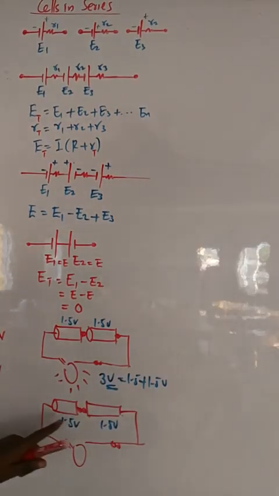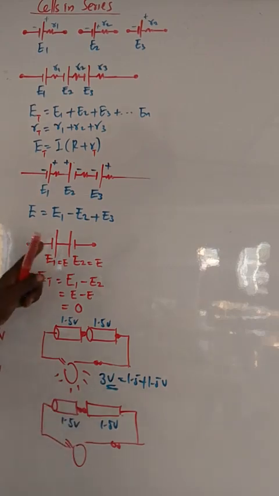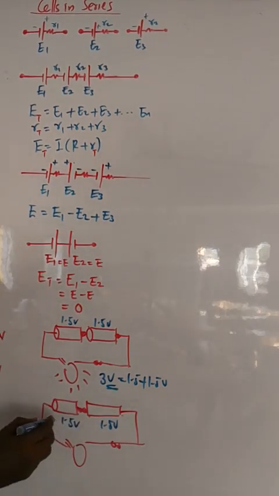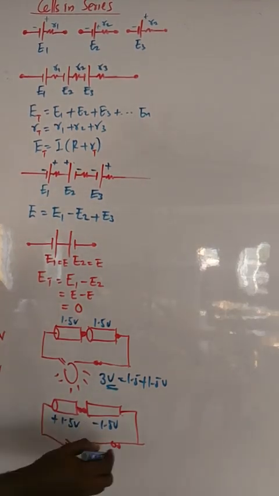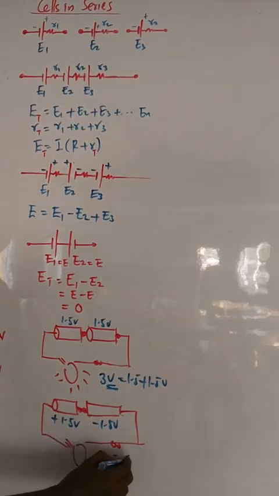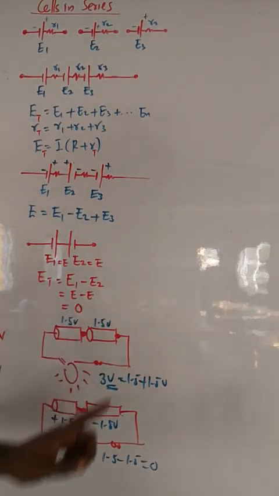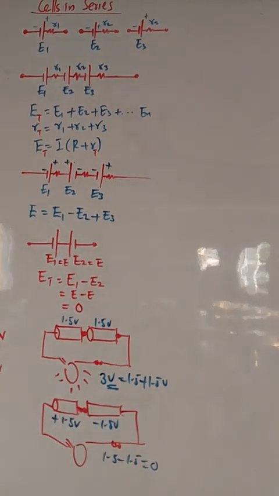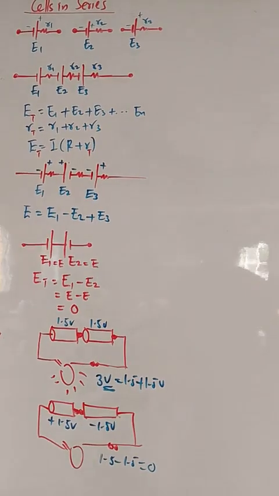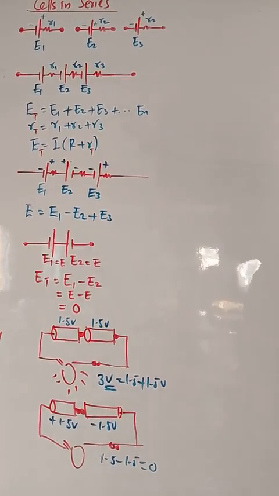Why? If you take this one to be positive, minus plus is positive, then this has to be negative. So by the time you combine it, 1.5 minus 1.5, that will be 0. So when you're connecting batteries, you have to follow this or this. But if you do it this way, the bulb is not going to light, meaning the voltages will cancel each other.